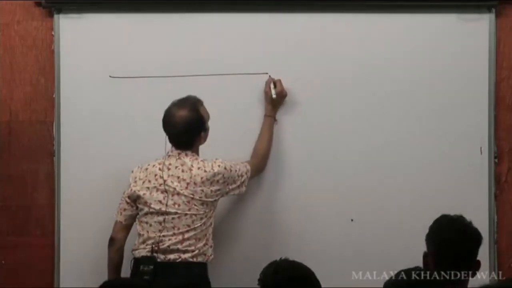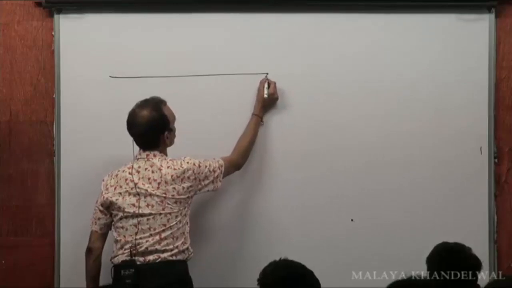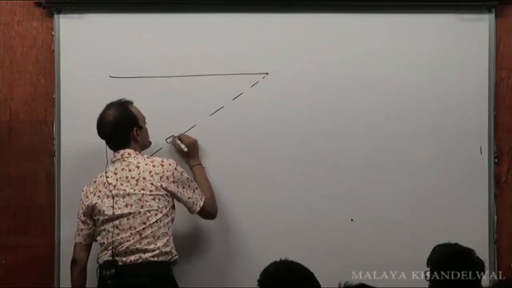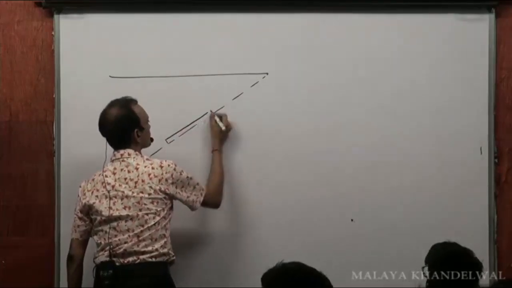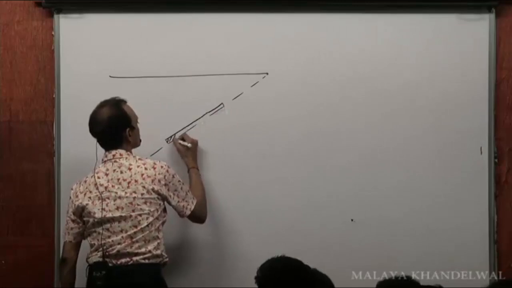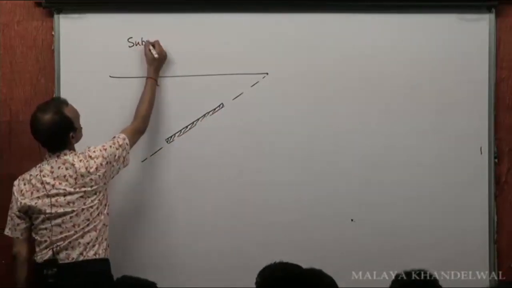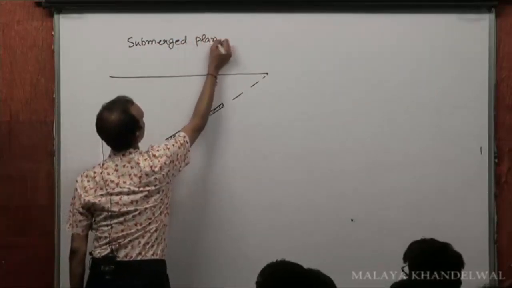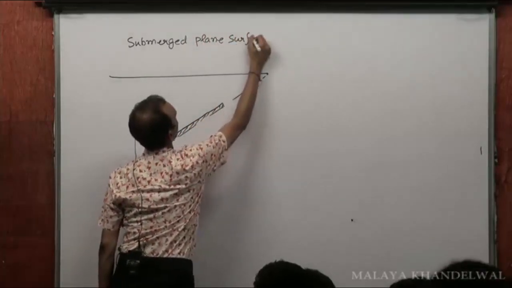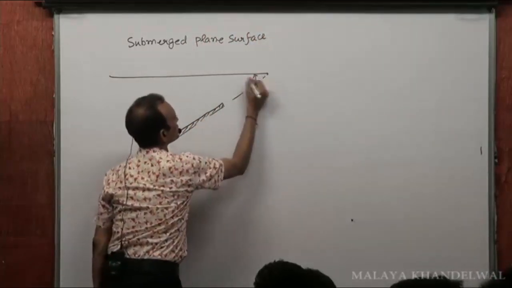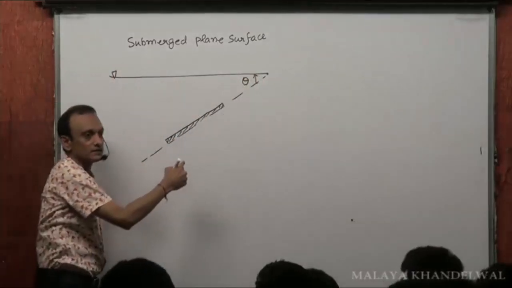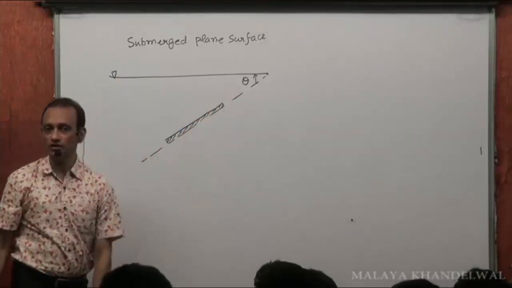If this is the free surface, this is the submerged plane surface at an angle theta with respect to the horizontal.